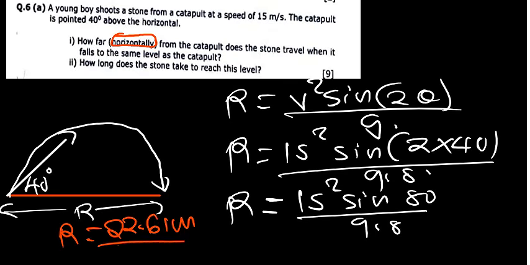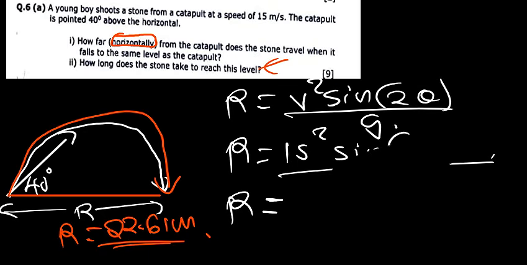Next question is saying, how long does the stone take to reach this level? How long was it in air? That is this question. So what was the formula for finding time from this point all the way up to down here? We talked about this.